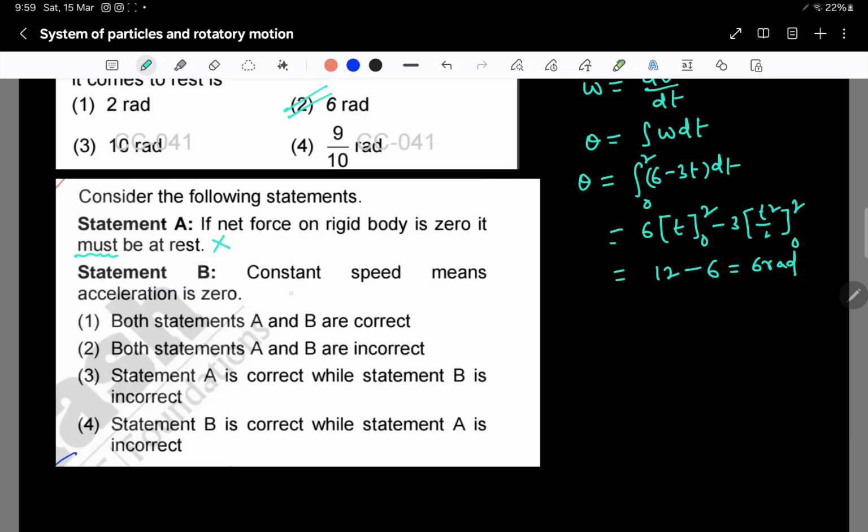Similarly, constant speed means acceleration is 0. Again, constant speed means acceleration is 0, and at rest also acceleration is 0. So this statement is also wrong, students. So both statements A and B in this case are incorrect. Not only constant speed, rest position also has acceleration 0.